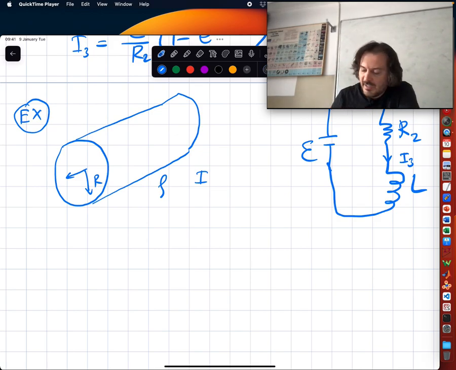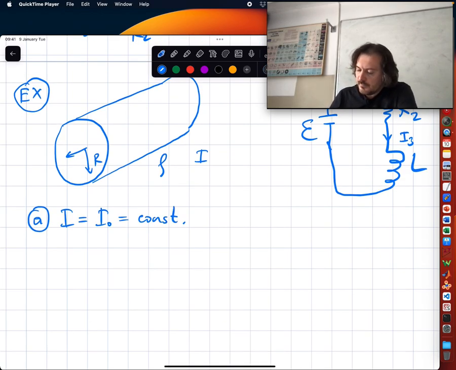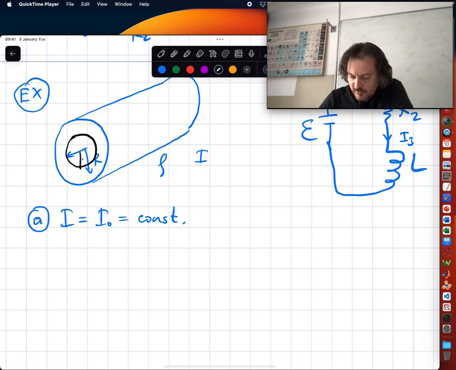So for part A, I is constant. Let's call it I0, which is constant. And we want the magnetic field inside and outside. For inside, you do Ampere's law.